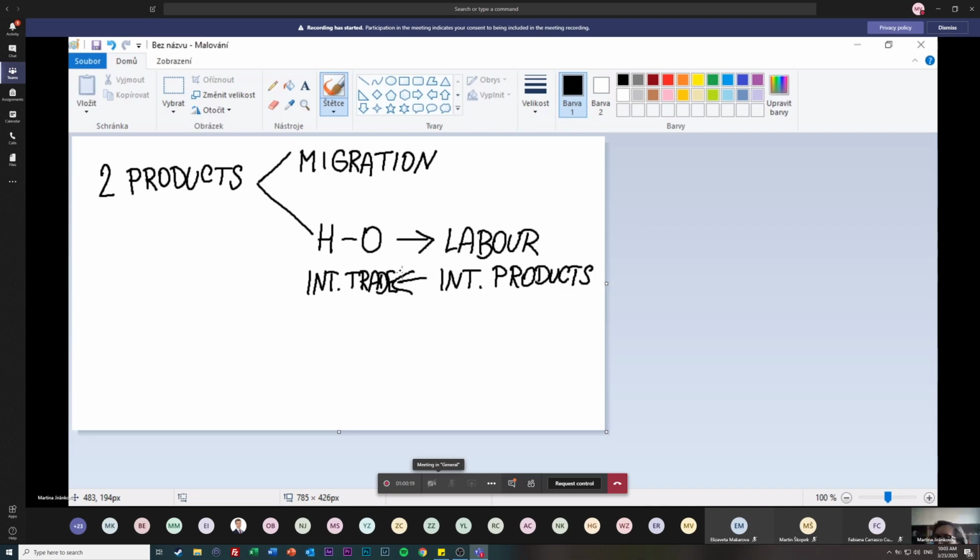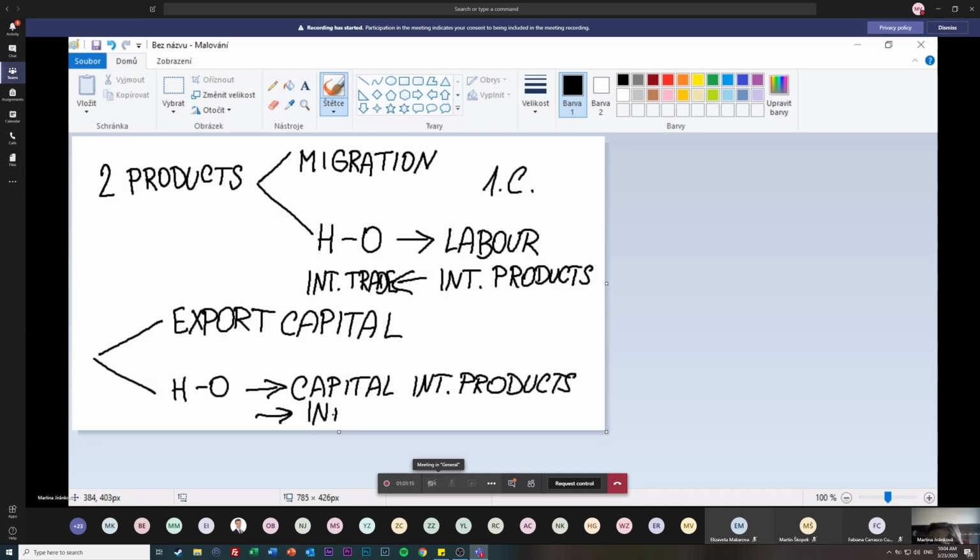What about the second country? The second country is in the opposite situation. They have abundant capital, so they can export capital, which we will talk about later, or the second country can, according to the Heckscher-Ohlin model, be specialized in capital-intensive products and just do trade.